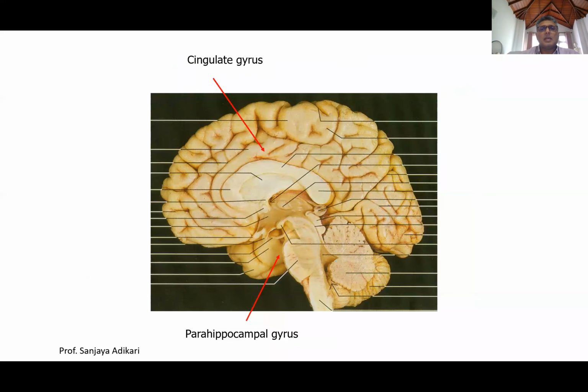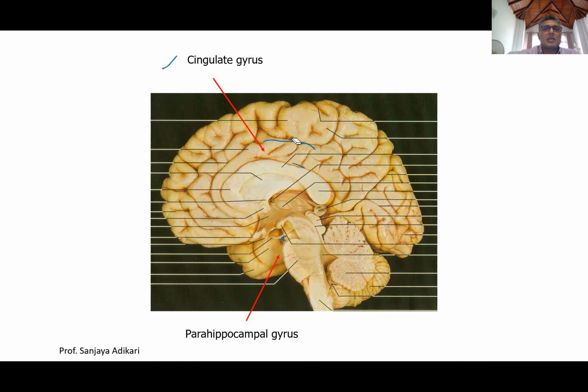Then on the medial surface, if you take a sagittal section, you get the cingulate gyrus. If you remove this brain stem, you will see the parahippocampal gyrus continuing like this very nicely, on the temporal lobe.